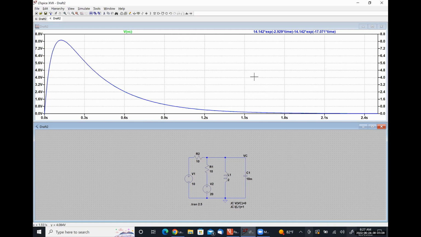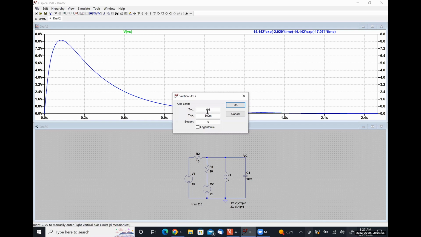Now, sometimes we will have the right answer, but LTSpice will try to trick us, okay? So there's a couple of things I want to point out here. We have a scale on the left-hand side of the graph that spans from 8.8 down to 0, and we have a span from 8.8 down to 0 on the right-hand side as well.